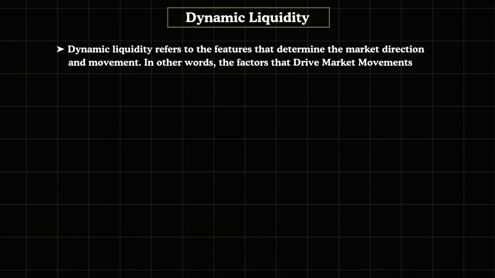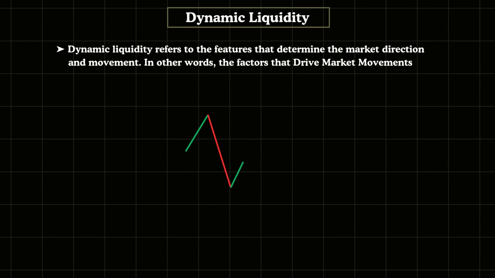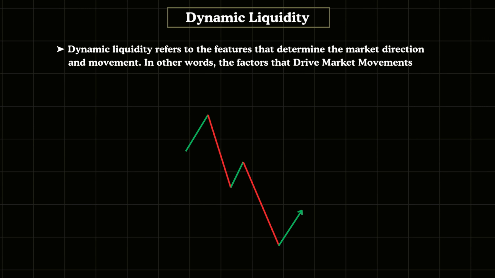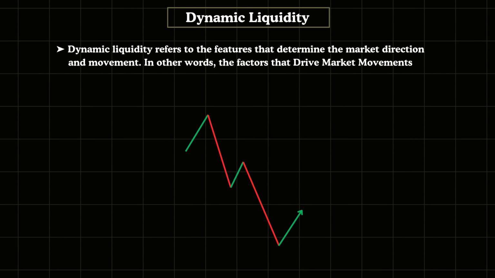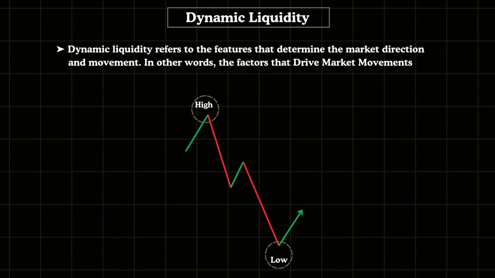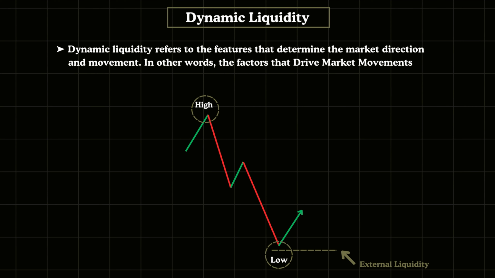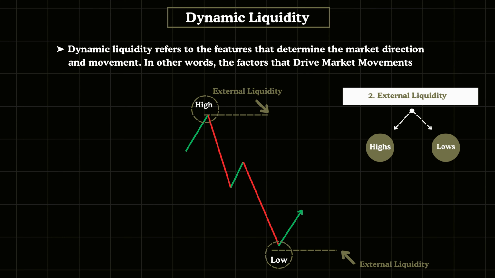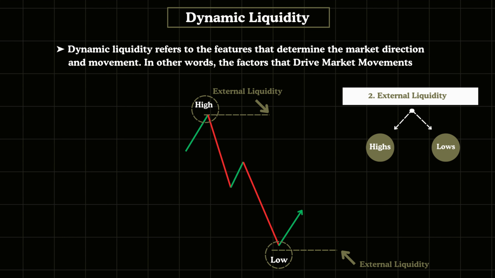It refers to the elements that influence how the market shifts and flows. Put simply, it reflects the forces that fuel price movements. To get a clearer grasp on this, imagine a rally wave in market structure, made up of a high and a low. These highs and lows signify what we call external liquidity. In essence, external liquidity corresponds to the peaks and valleys within a rally wave.